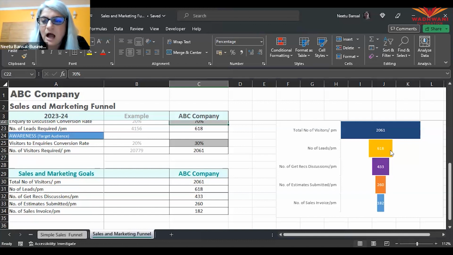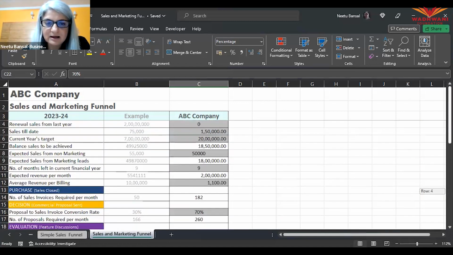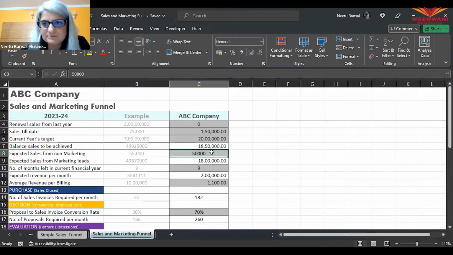If your budget is not allowing you, then see how you can improve on this number, because these two, non-marketing and the value of my billing, are things which can improve my funnel without investing more on marketing, or vice versa.